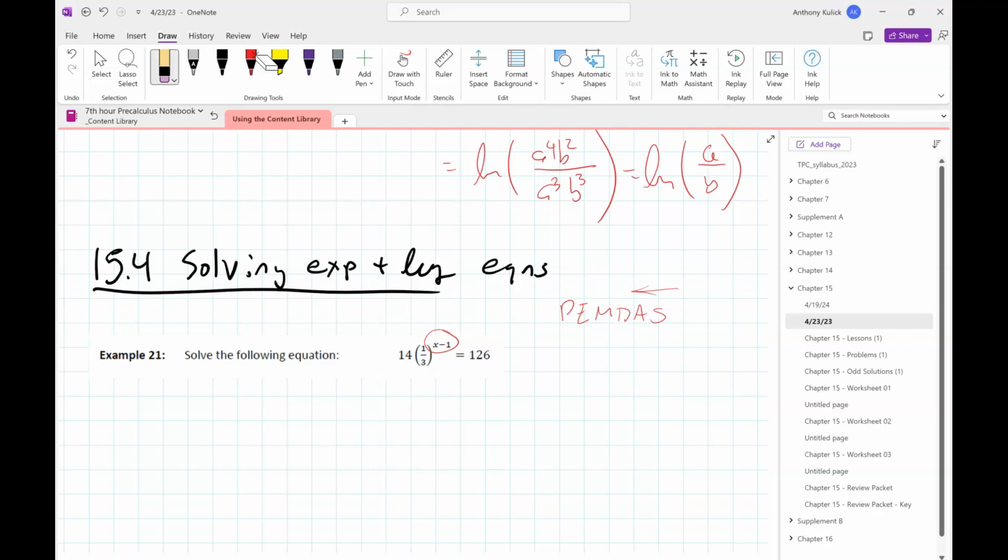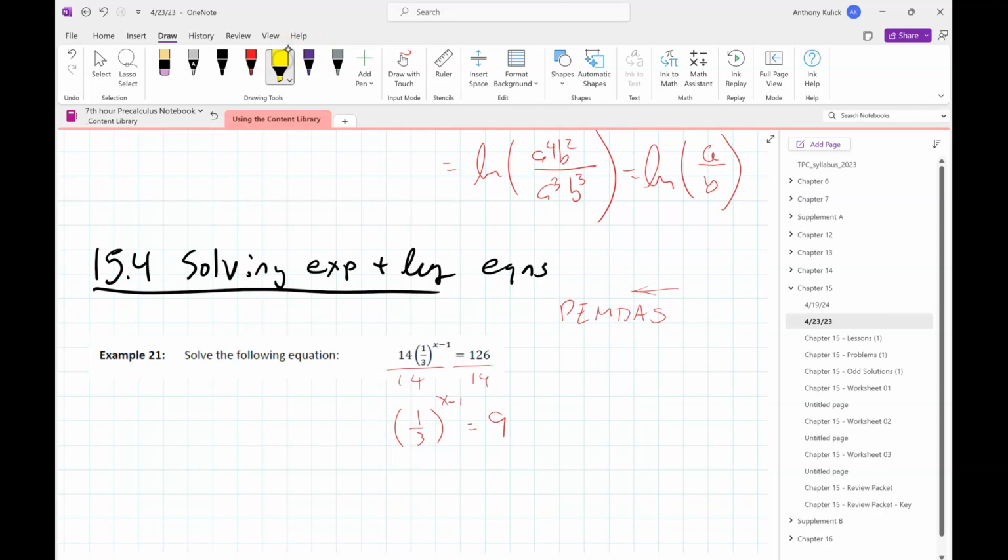So we won't do that. Next thing I look for is multiplication and division. Well, I see multiplication going on here, so I'll divide both sides by 14. 126 divided by 14 is 9.